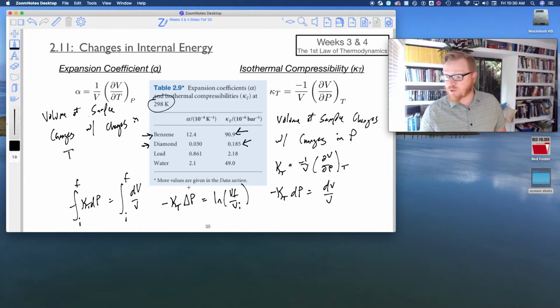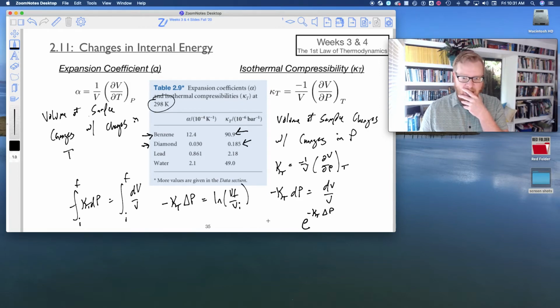So how can I make that useful? Take E of both sides. When I take E of both sides, I write this way down here: I got E to the negative kappa T times delta P, and I'm going to keep that there. When I took the E of this side, it's VF over VI. I'm going to do a couple of algebraic steps, so make sure you're okay with this.